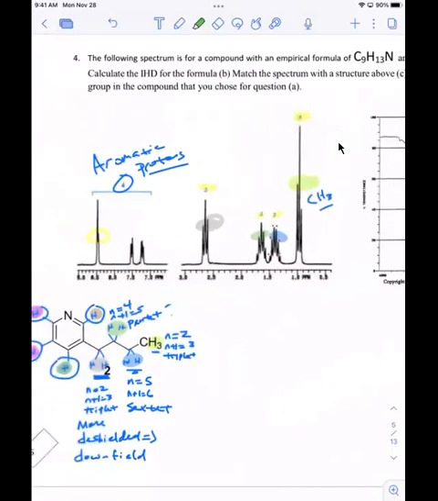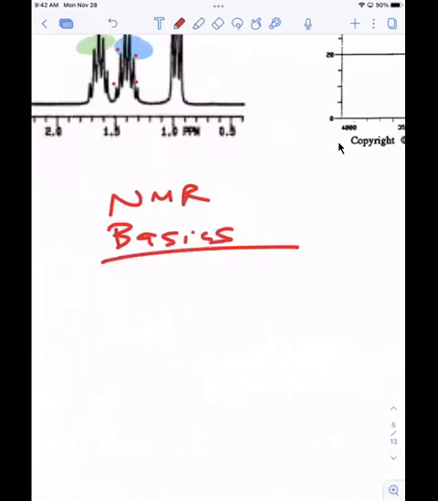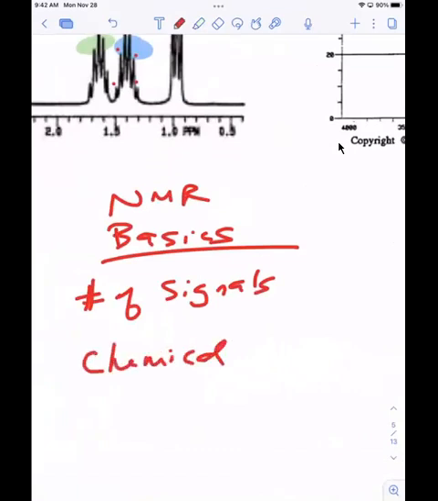So again, we're looking at the same 4 characteristics every time: the number of signals, the location of the signals or the chemical shift, downfield or upfield, the splitting pattern, singlet, doublet, triplet, quartet, pentet, and so forth, and integration, how many protons each signal represents. With these 4 things, you can interpret any spectrum.